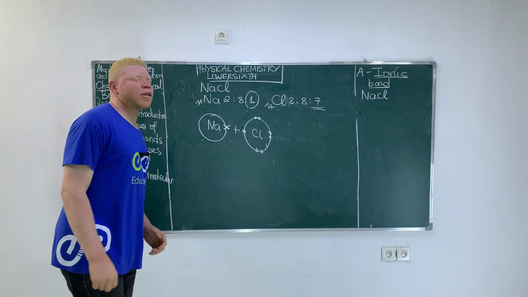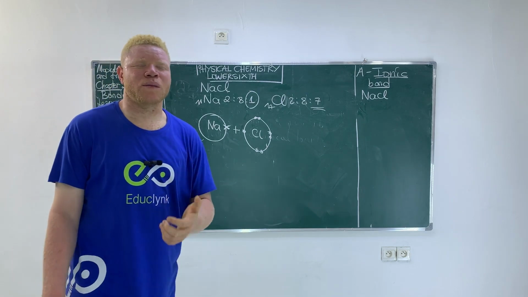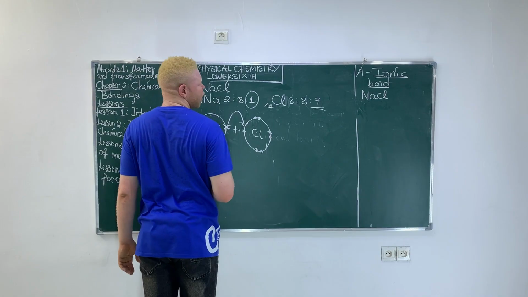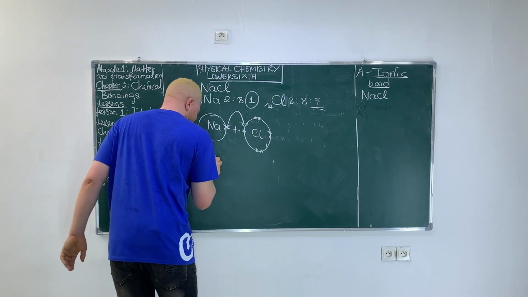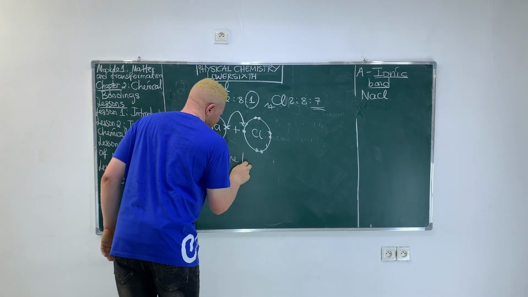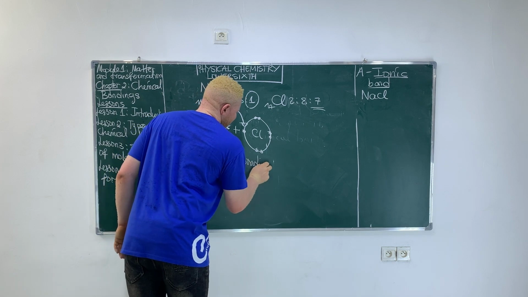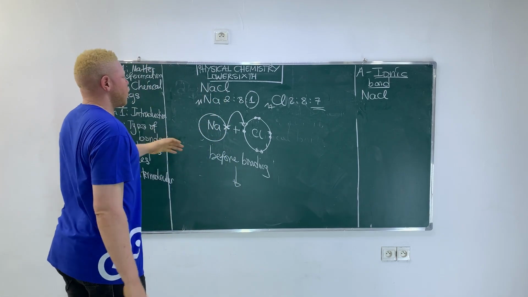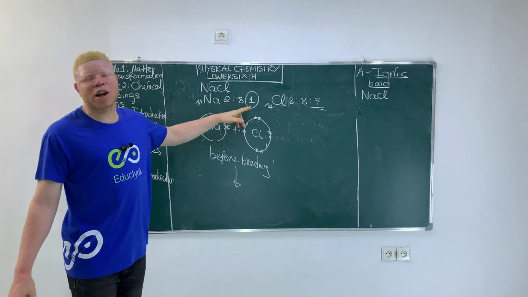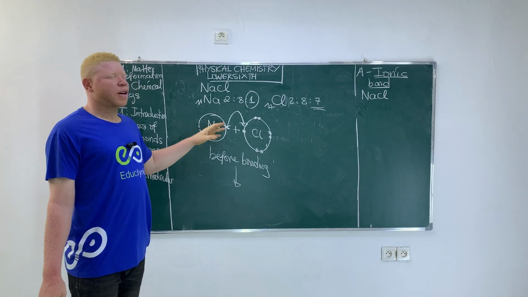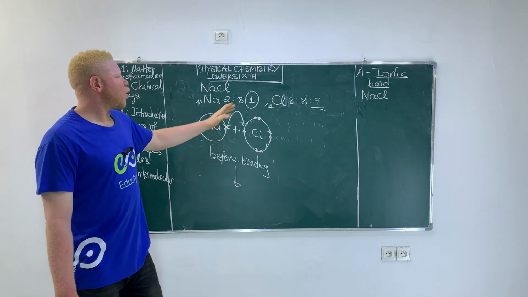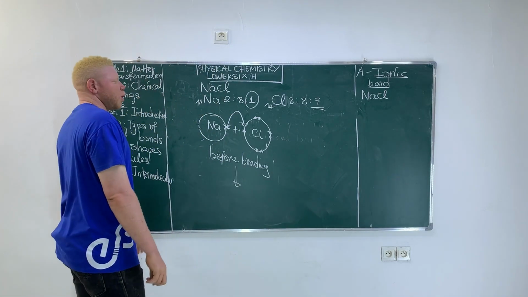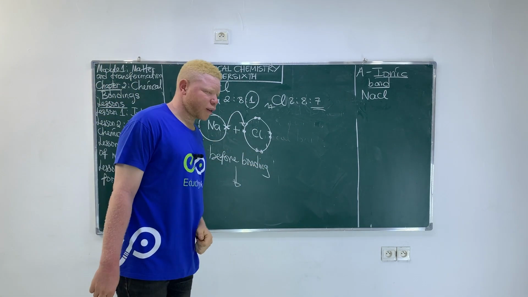The transfer of electron is done from the metal to the non-metal, so the sodium atom loses its valence electron. This is before bonding. After bonding, in the outermost shell of sodium there is 1 electron, and for chlorine the outermost shell has 7 electrons. So the electron is being transferred from sodium to chlorine.